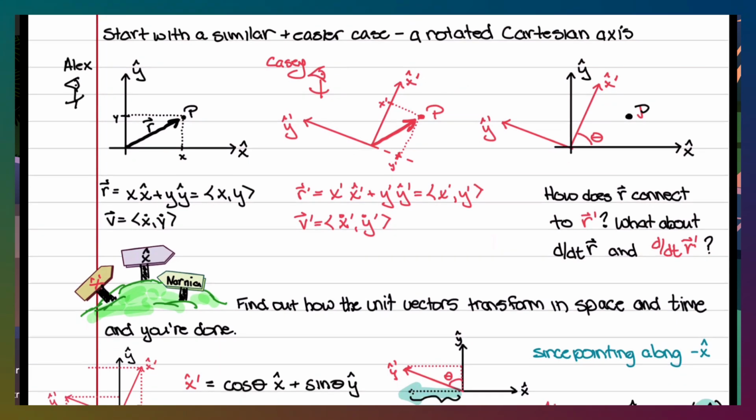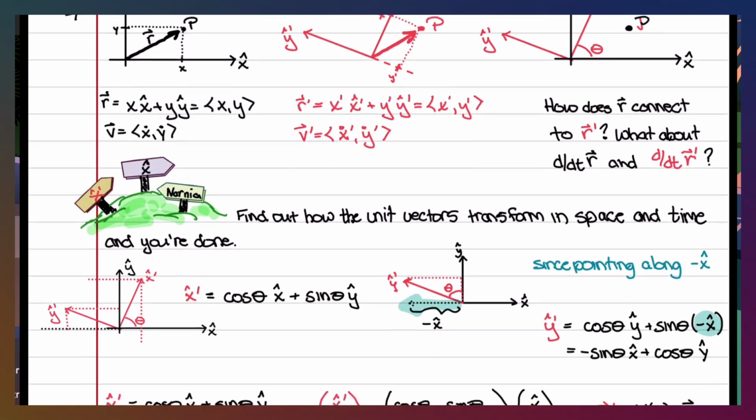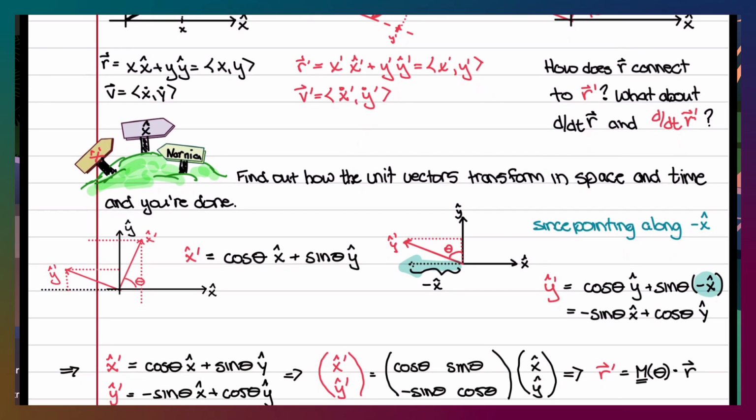Now this is easier than polar coordinates because we're using two different sets of Cartesian axes, and both of them are anchored down. I don't have to worry about time derivatives for either of their unit vectors. So in this case, all you have to do is find out how the unit vectors transform and then you're done. Actually, that's true in general, but in this case, there is no time dependence.